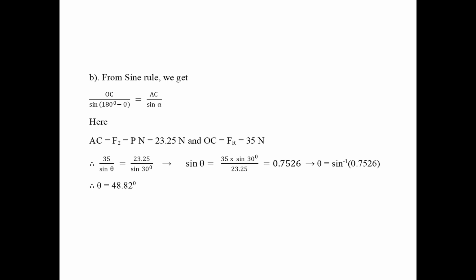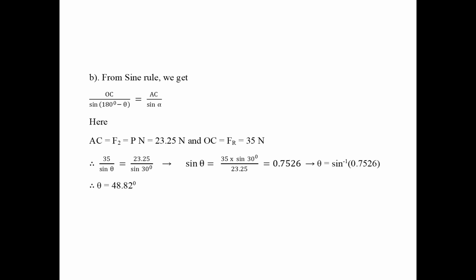So we solved this problem first by preparing the parallelogram of the forces F1, F2. From that parallelogram, we calculate the magnitude of the force P Newton by applying the cosine rule. Then by applying the sine rule on the triangle OAC, we calculate the value of angle theta.